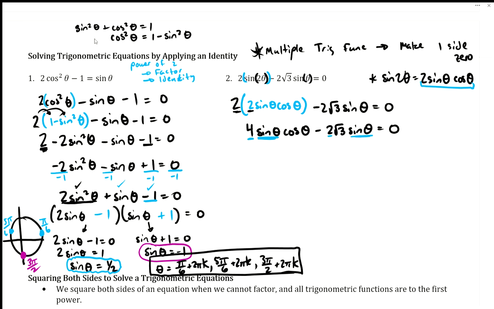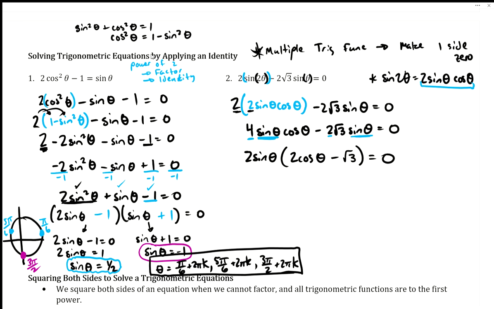We'll take out 2 sine of theta, and then parentheses, 2 cosine of theta, minus radical 3. I took a 2 out, so I'm left with radical 3, and I took out all of sine of theta, so the second term is just radical 3.